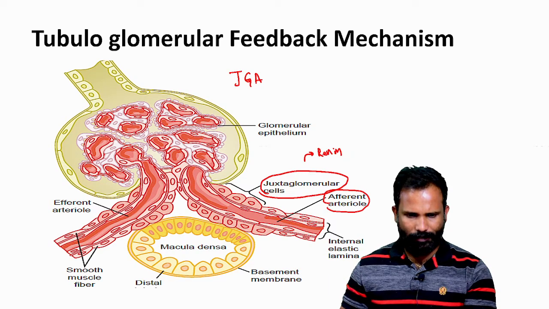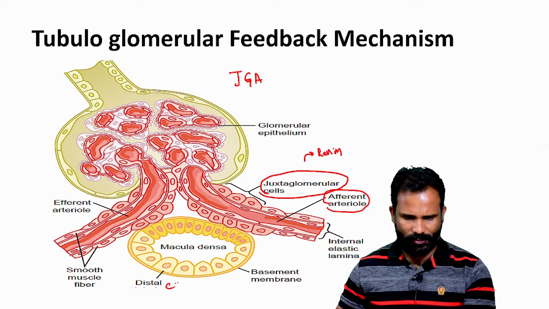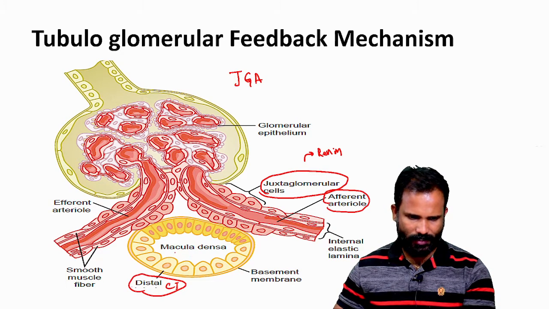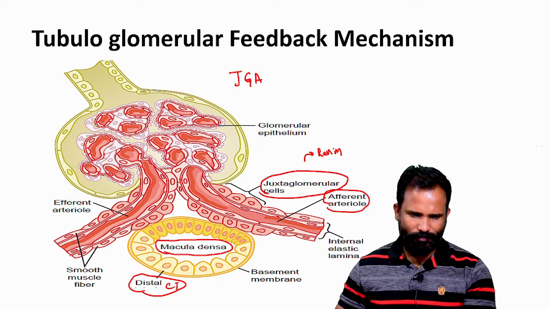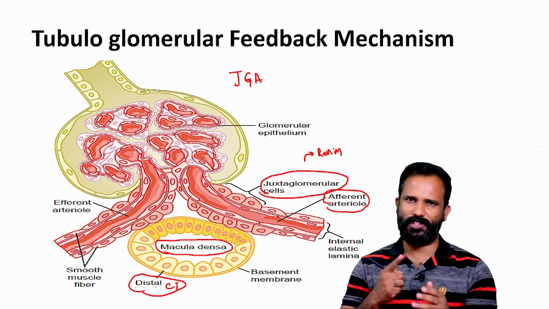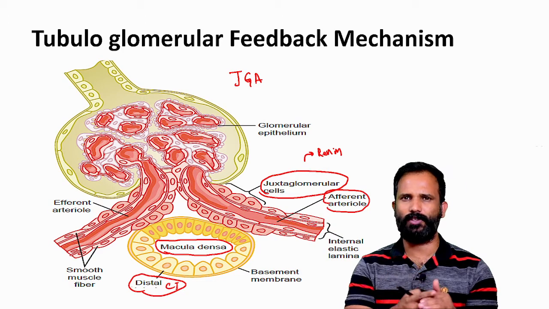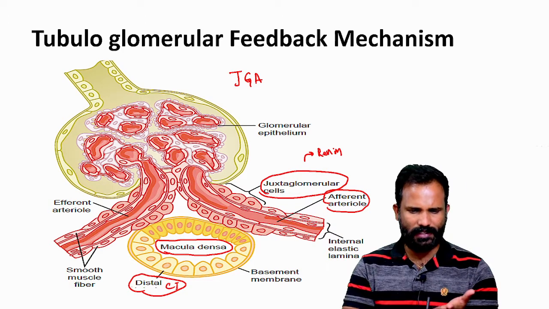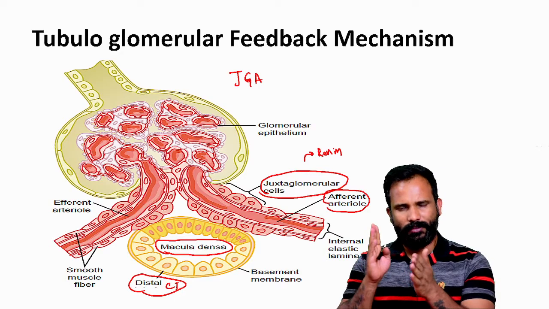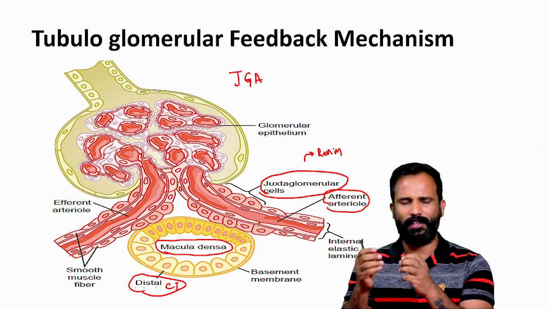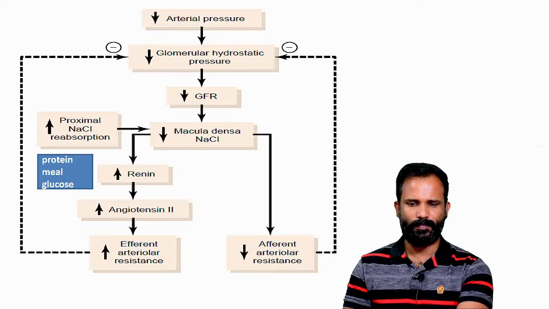And the cells of the distal convoluted tubule are converted into the macula densa, which acts as a receptor for changes in volume, BP and sodium levels. So the macula densa is the receptor and the juxtaglomerular cells are the renin-secreting cells. Now we'll talk about this.